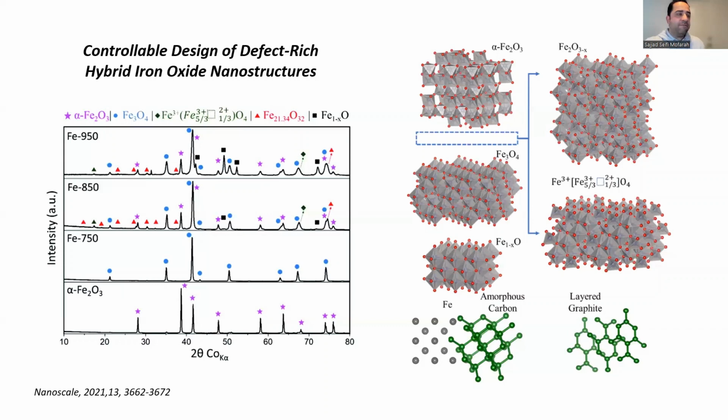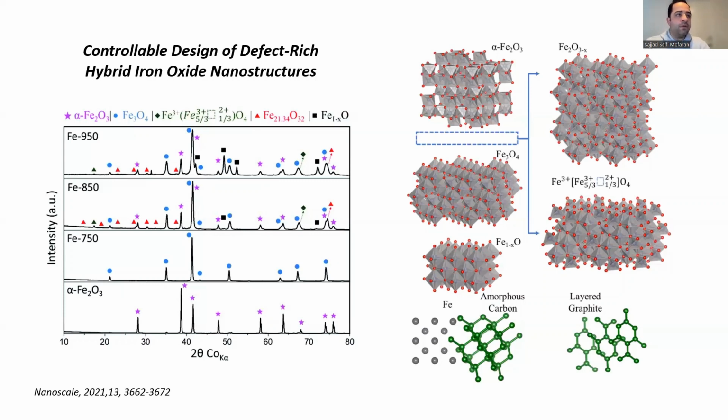The minor phases we had in this experiment, one of them was maghemite. And as you know, maghemite is the low temperature oxidation and weathering product of magnetite, and it has an inverse spinel structure. And the interesting thing about maghemite is that it has a defective structure with 1/9 of the iron positions in the lattice being vacant.